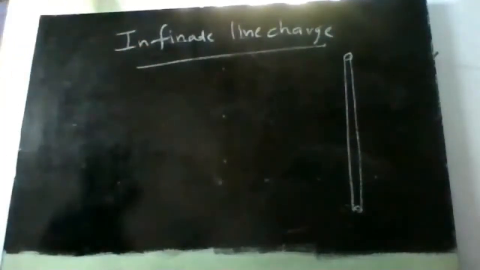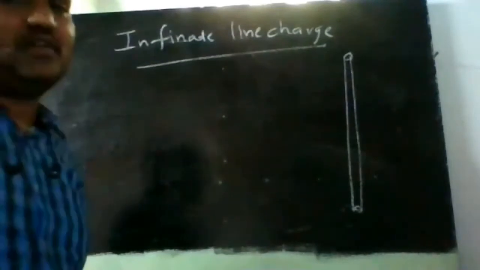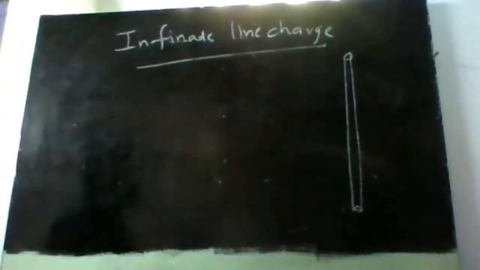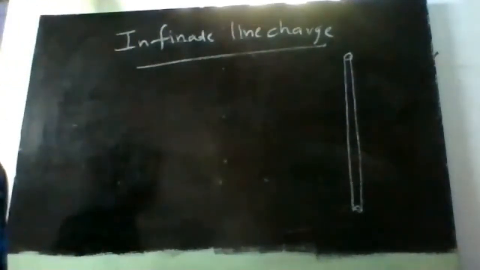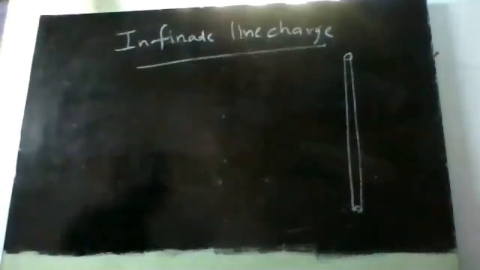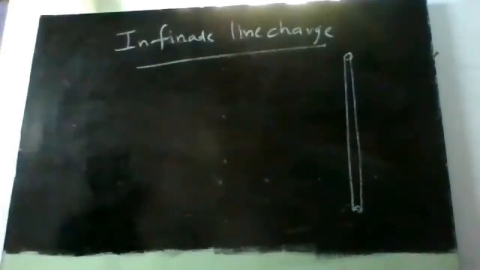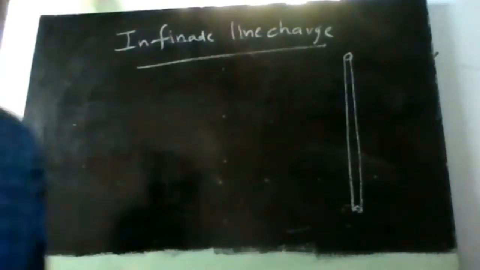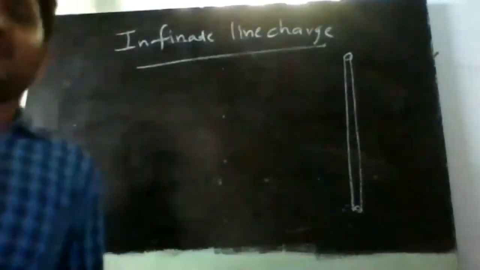Infinite line charge. Now, first step. What is the first step in our process? The first step is we have to identify a Gaussian surface that matches with the symmetry or the structure of this line charge. A wire is nothing but a small cylinder, so a wire or a line is basically a cylinder of radius 0.